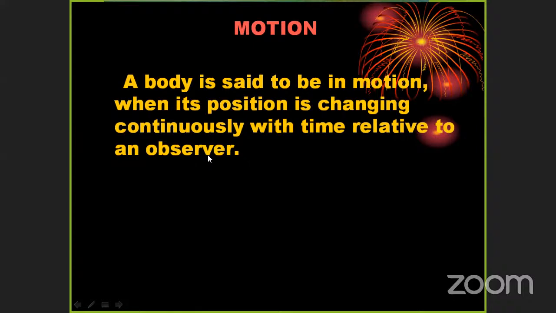Motion means not only movement of the body, we call motion. That is depending upon the observer. Okay, now children, the position of the body is continuously changing with respect to time and relative to an observer. That we call motion.